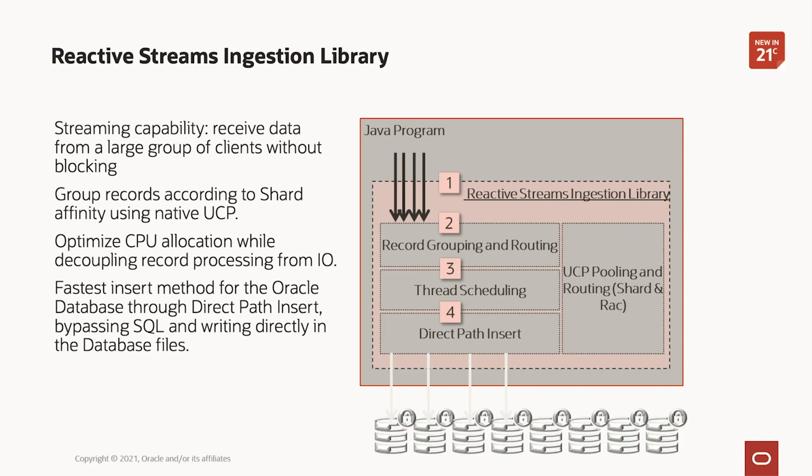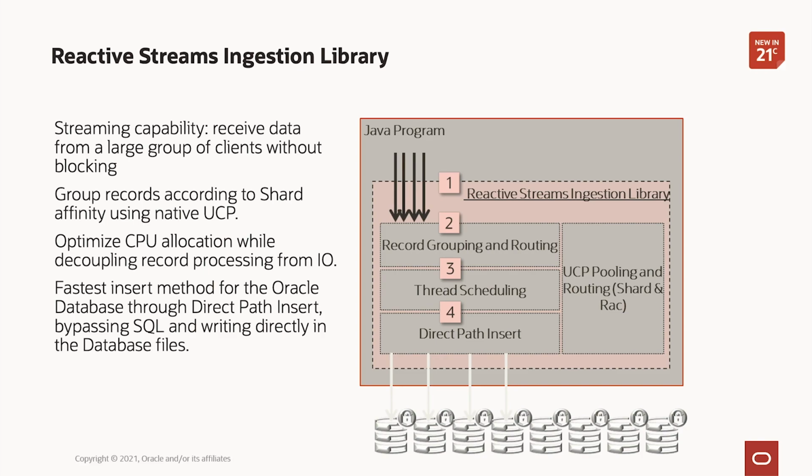Another capability we added was a reactive stream ingestion library. This is for some of the customers we are working with who have extremely high data ingest rates, and we were able to hit almost 1 million ingest records per second per node. So if you have 100 nodes, you can easily go to 100 million ingests per second.